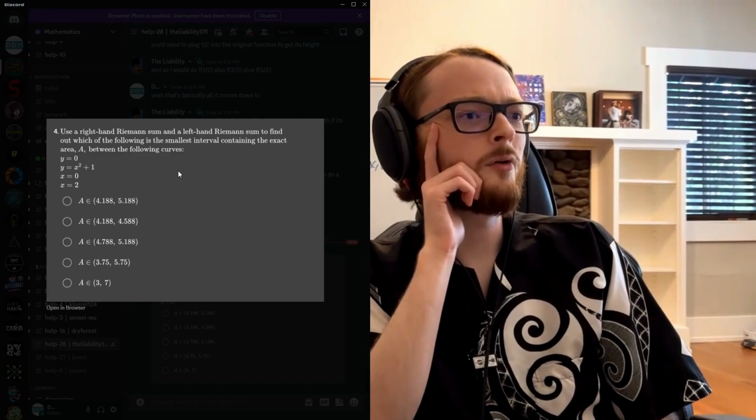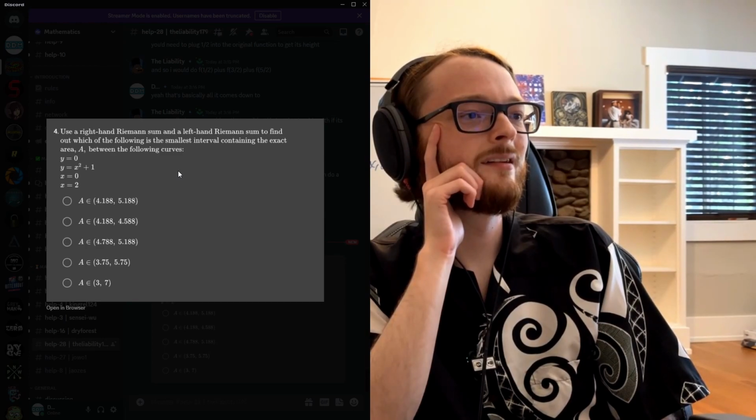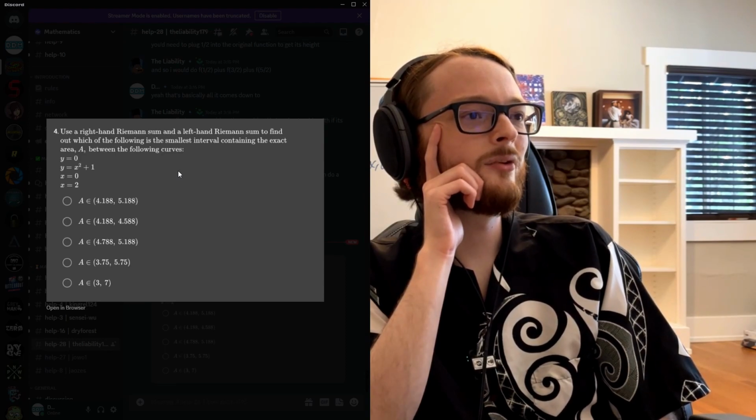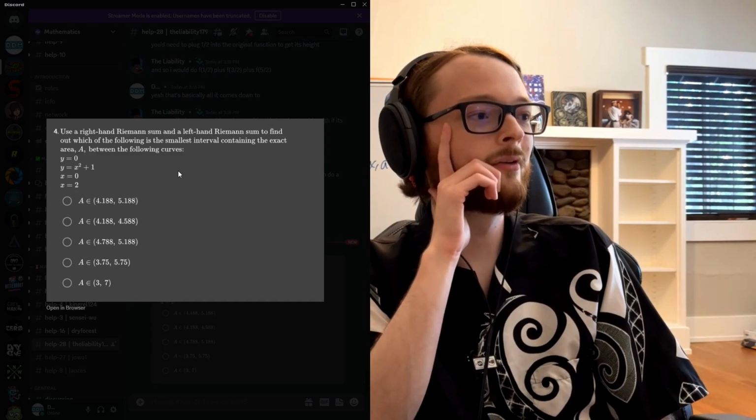But then how do you know how much to divide it up? Because you can make it arbitrarily exact. I mean, if you make the rectangles infinitely thin, then it's just an integral.